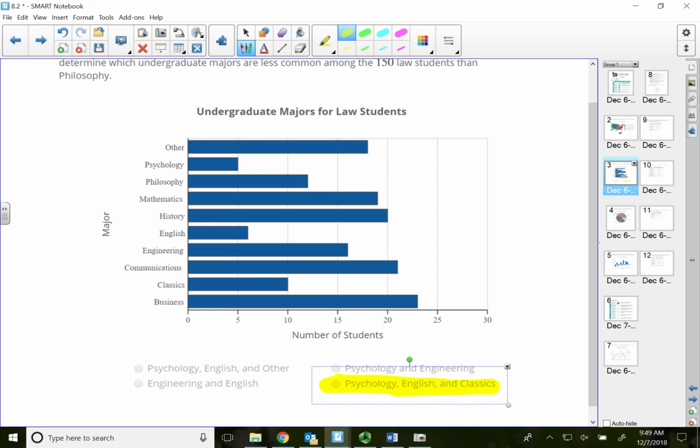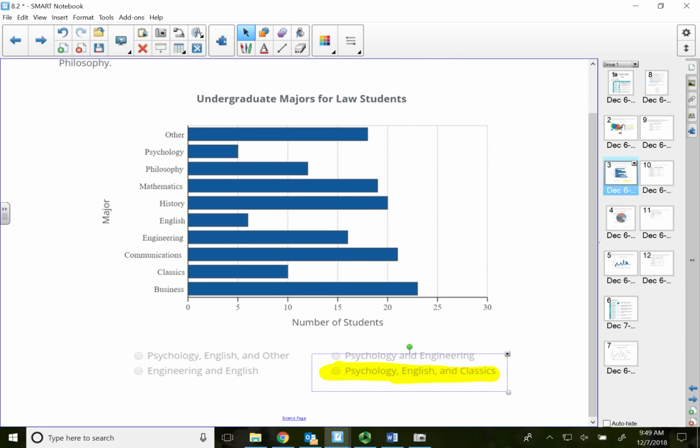So the bars shorter than philosophy are psychology, English, and classics. That would be my answer. So this bar graph allowed me to do comparison.